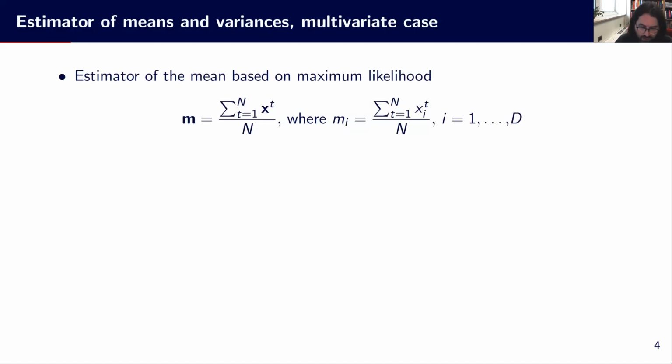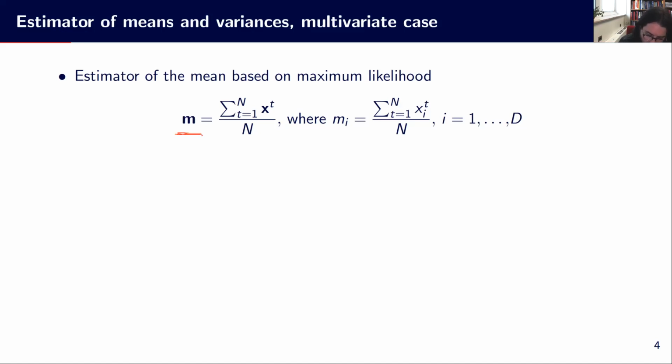Now we will go into expanding what we saw last week in terms of estimating means and variance, for example, but dealing with the multivariate case. Here we have the estimation of the mean, which is defined basically as this. In vectorial notation, it is the estimation of the mean vector, noted m here, in bold, as it is a vector.